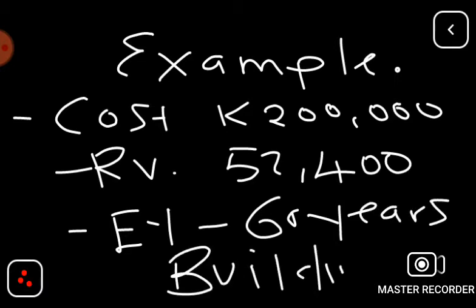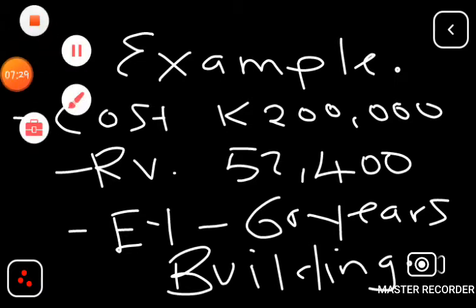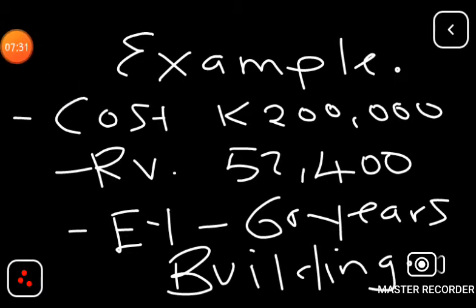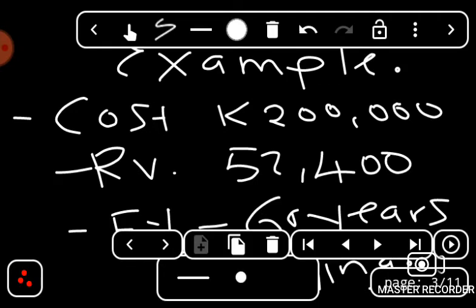Buildings can live for a longer period of time in the business. Then how do we compute the depreciation? We have cost 200,000, residue value denoted by RV as 52,400, estimated years is 60 years, and this asset is a building.